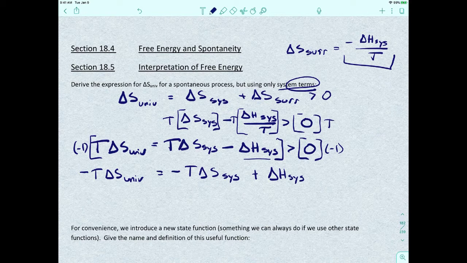Now I'm going to ignore the greater than 0 part, because that's all well and good, but here's where we're at. If I rearrange the right hand side of this equation and put the enthalpy first, the change in enthalpy of the system minus T delta S of the system is equal to negative T delta S of the universe.